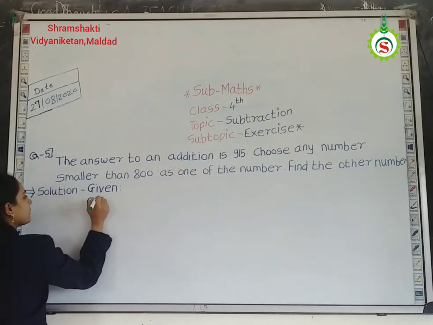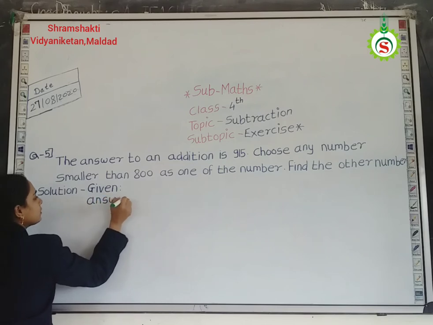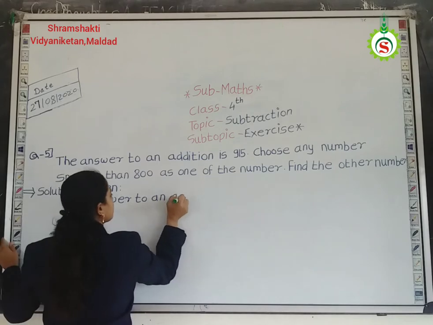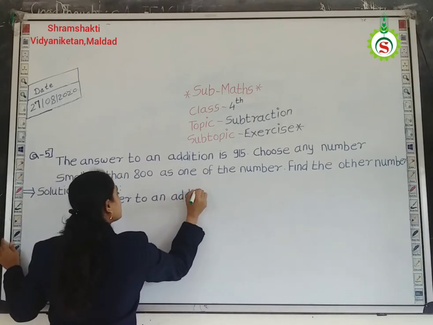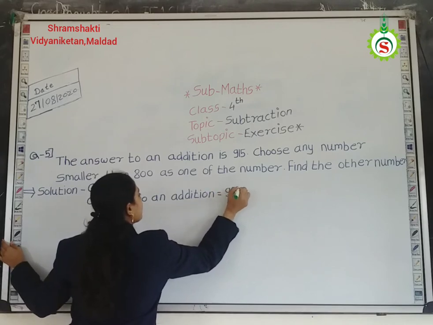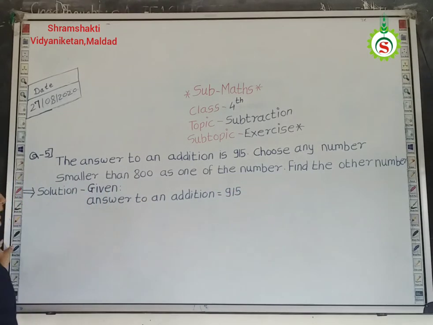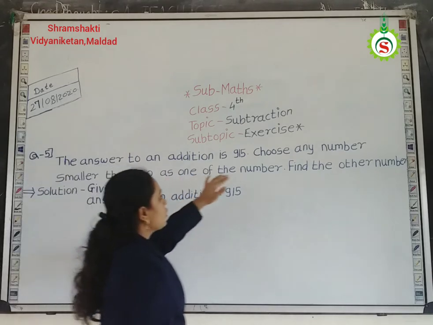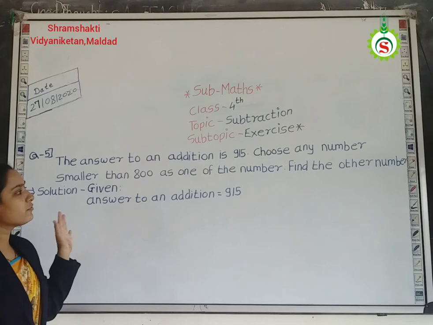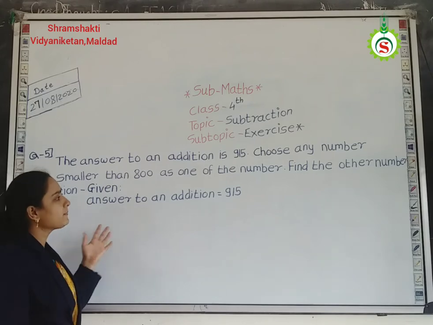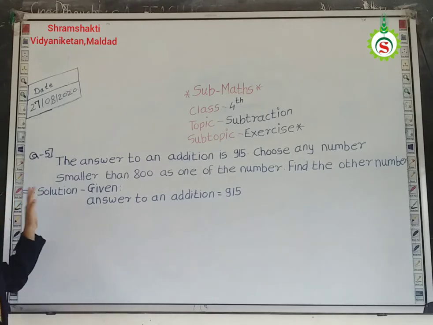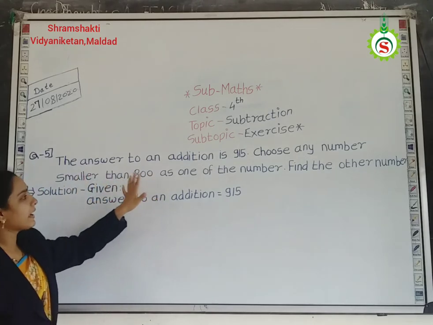Then the second condition: choose any number, one of the numbers, smaller than 800.